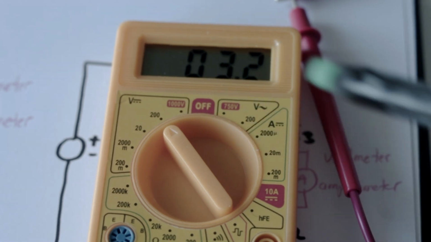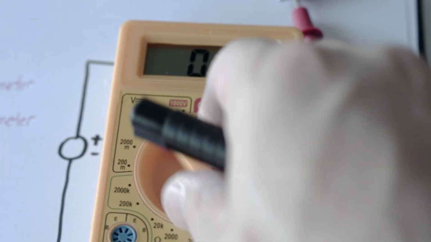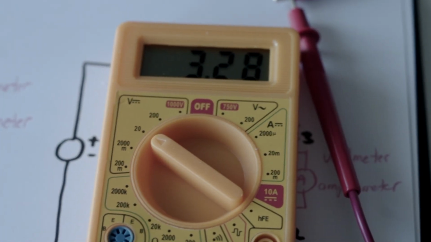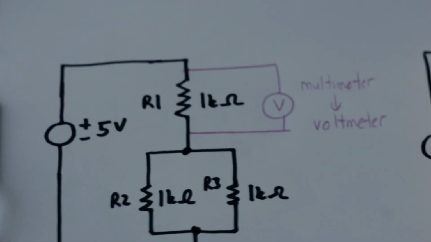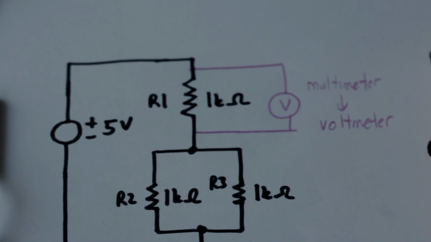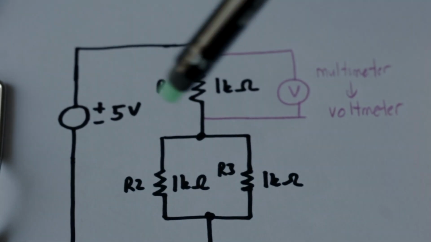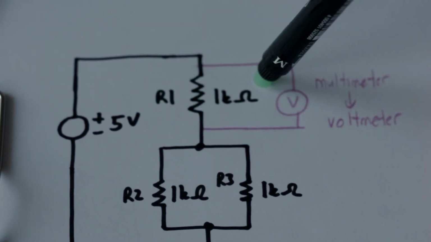Okay. So whenever you have an instrument, always choose the range that can accommodate the voltages and signals without overloading the instrument. Okay, but in this case, remember, the multimeter, voltmeter needs to be connected in parallel with the component R1 that you want to measure.